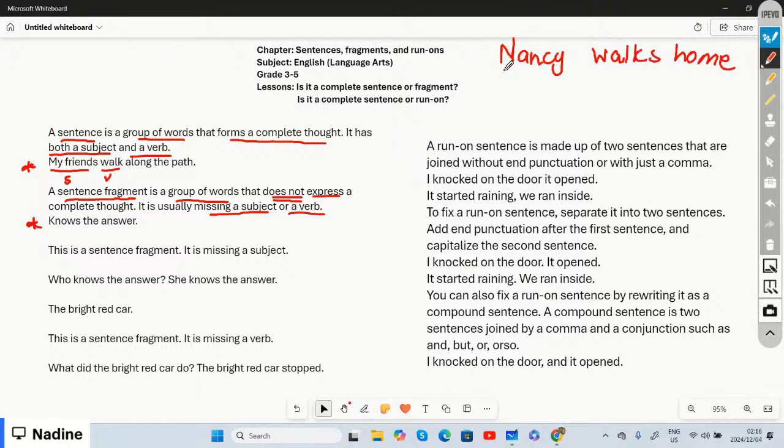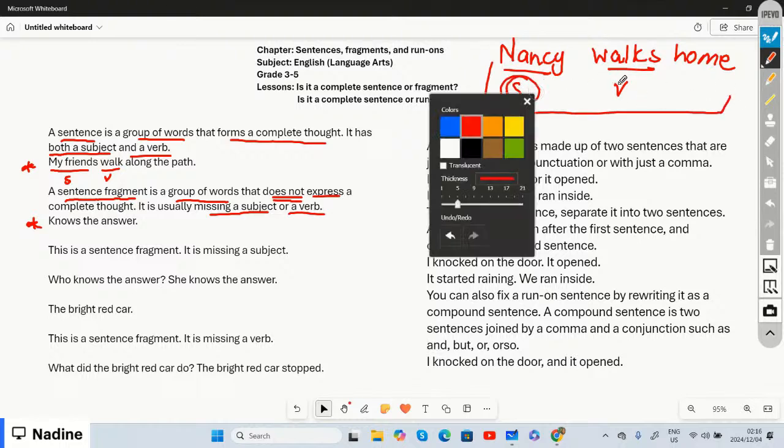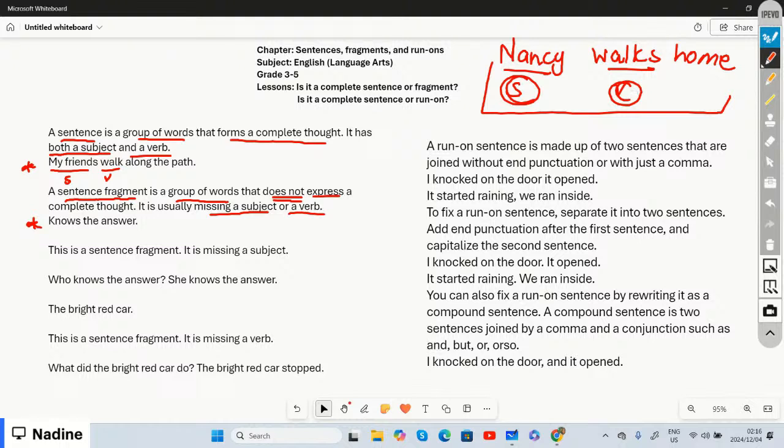Nancy is the subject, the person or thing that we're talking about, and walks is the action, or the verb, that Nancy does. So this is a completed sentence. That is a sentence.